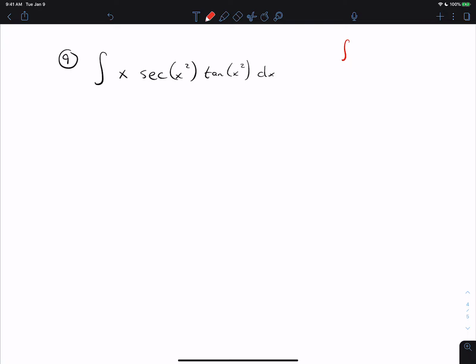If it was like 4x or 5x, we would pull the constant 4 or 5 out. We now need a 2 with the x dx. So we multiply inside by 2 and outside by 1/2.